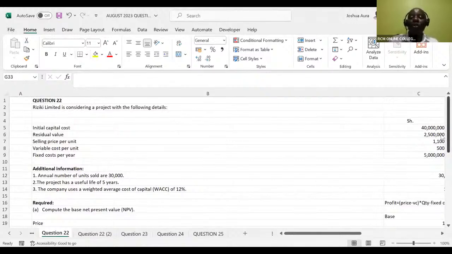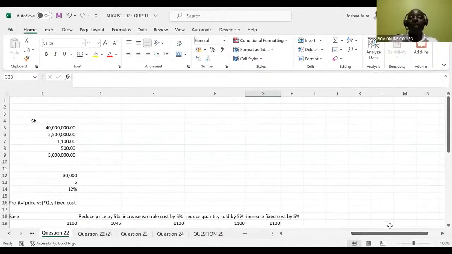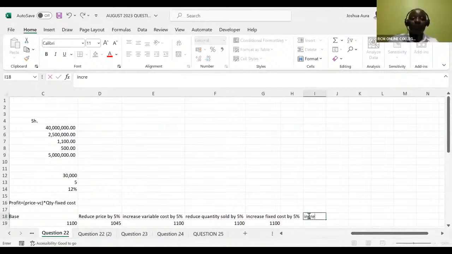So come here. Initial cost, initial capital is a cost. If it is changing, it has to increase. So come here and increase initial cost by 5%.